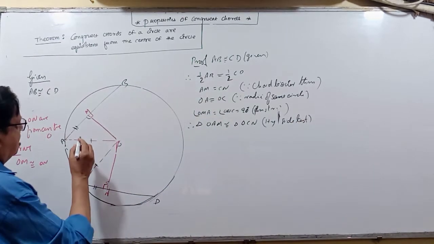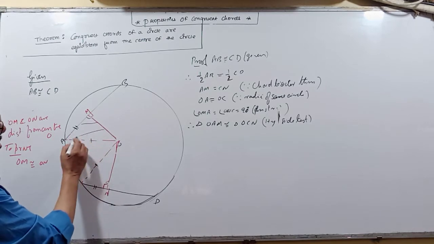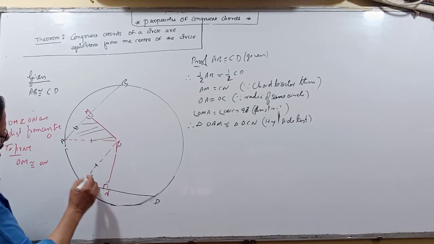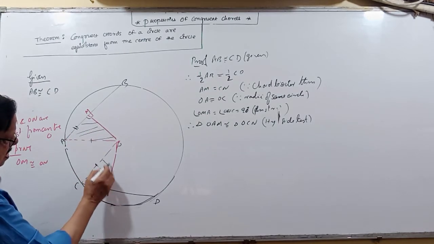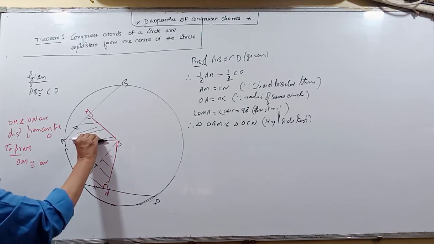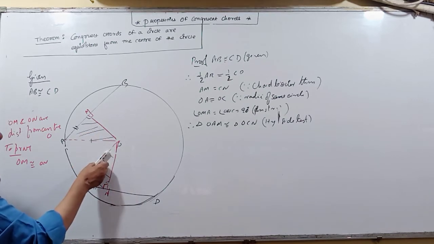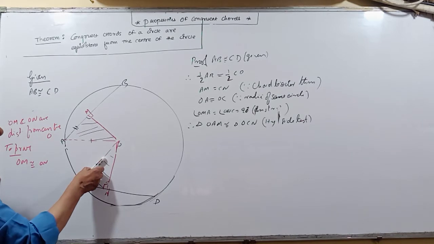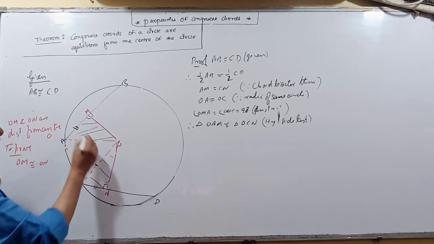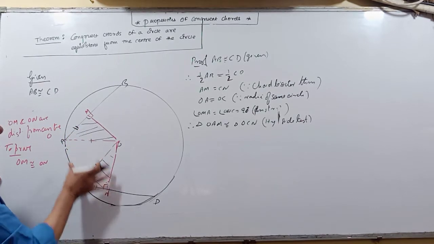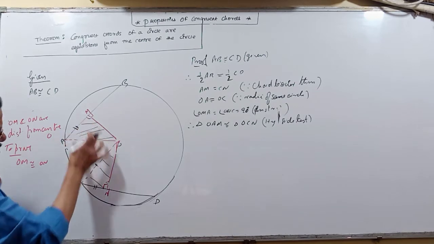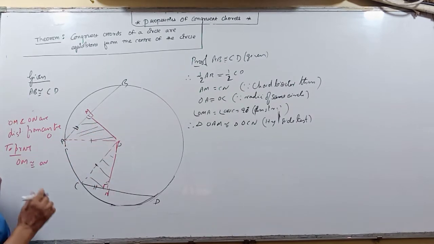देखो इधर in this triangle and this triangle, this hypotenuse is congruent to this hypotenuse, radius of the same circle. We have proved that this is equal to this. The hypotenuse and side congruent to hypotenuse and side.